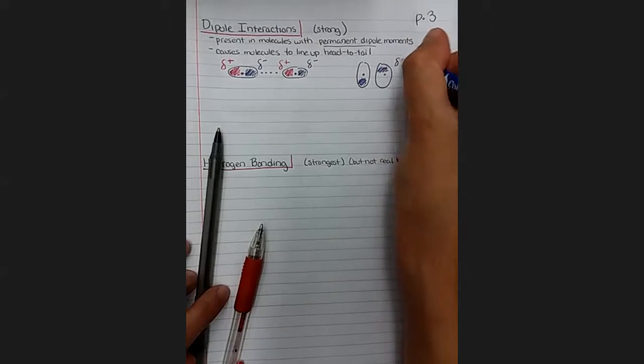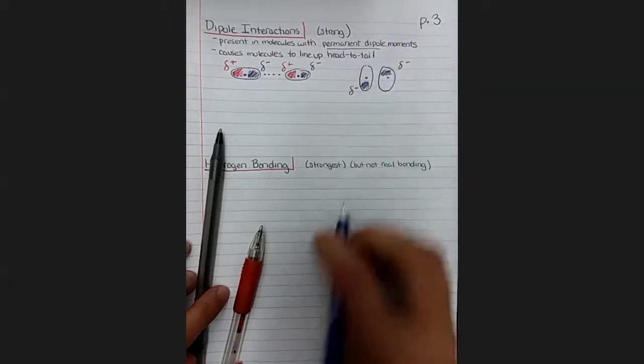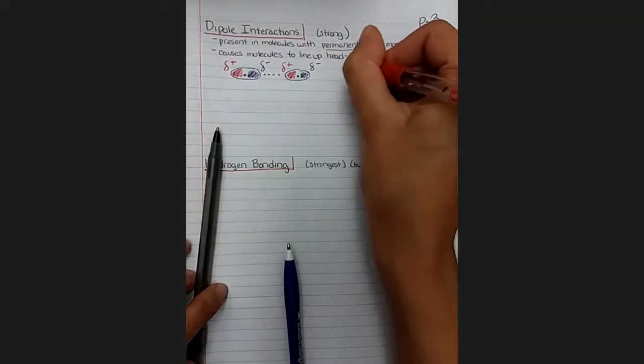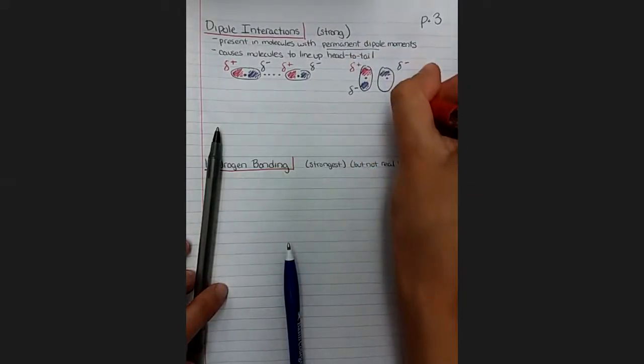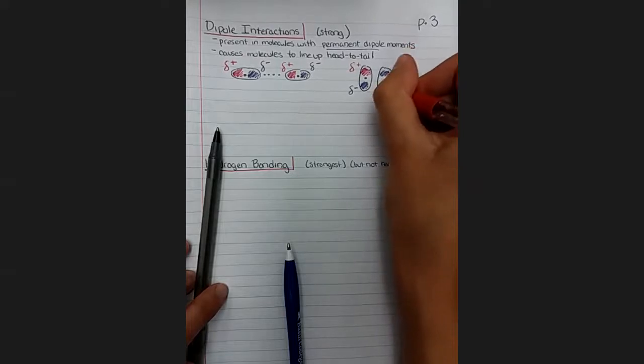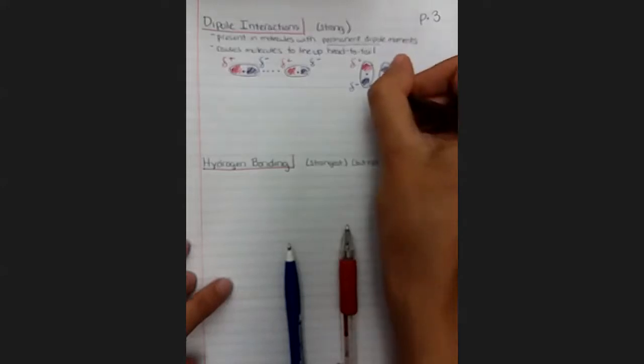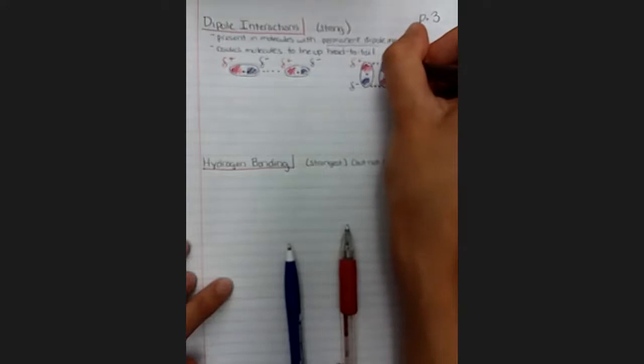But it's the same in both cases. The negative is always attracted to the positive, and they prefer to line up next to each other in that way. And so we could draw the dipole interactions between each pair of negative and positive, like so.